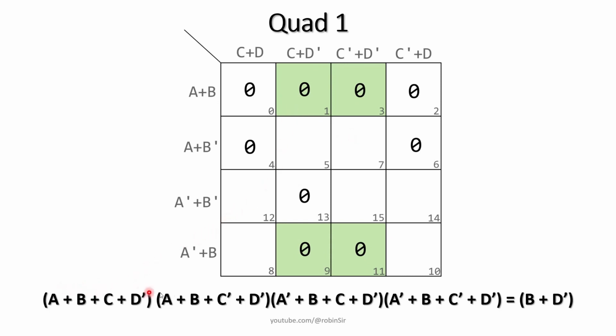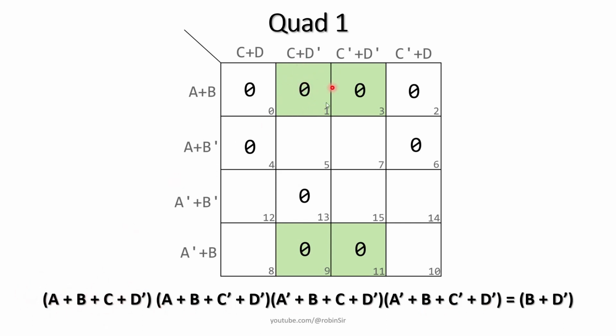We are writing it in POS form, product of sums, and then we are reducing it to B plus D naught, because B is one such variable which is not changing in any of these terms. Similarly, D naught is one such variable which doesn't change in all of these terms. So how did I generate these terms?